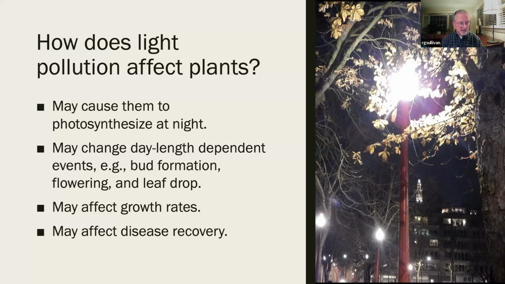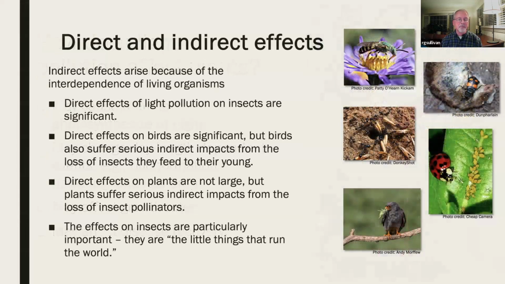That's how they get Christmas cactuses to bloom right on schedule. And flowering is triggered by day length in some species. So that can all get messed up. But again, it is really much more a problem for very close exposure to light.